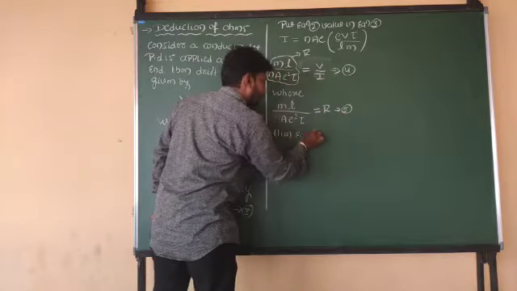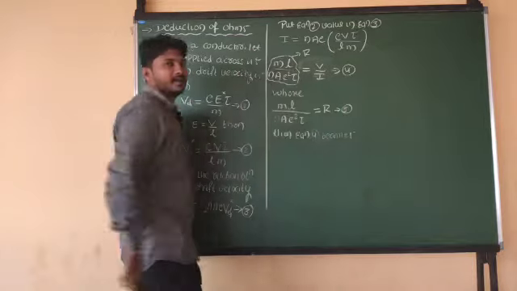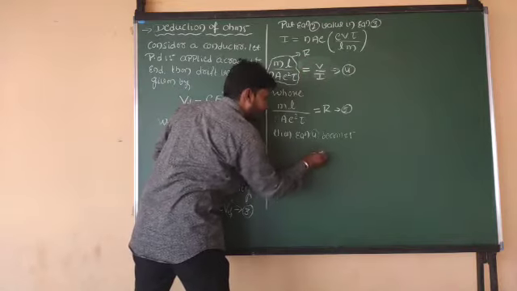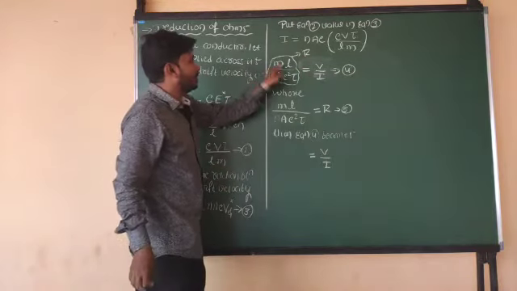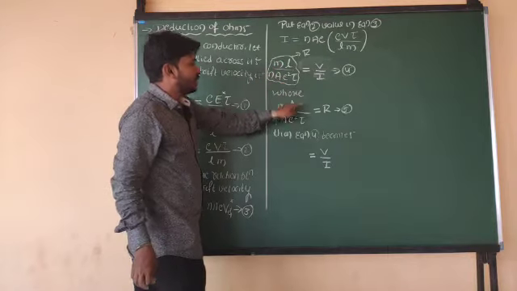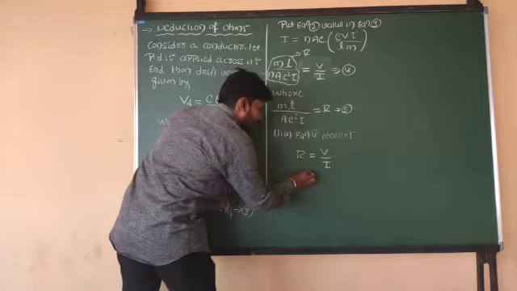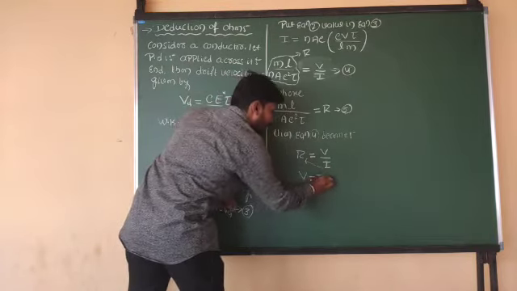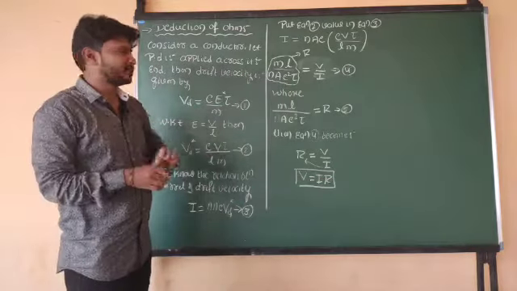Then equation 4 becomes V by I is equal to the entire term mL divided by nAe square τ, which is nothing but R. If I rearrange, V is equal to I into R. So this is Ohm's law. Hope you understand these terms.